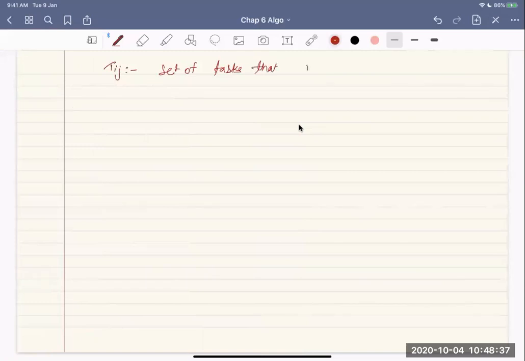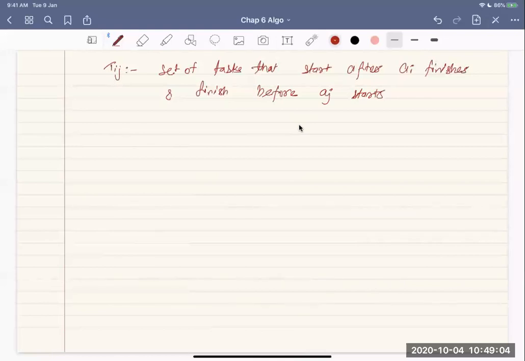that start after ai finishes. So ai is not included. This may be tricky, and you may define it a different way, but let's use this definition. It's the set of tasks that start after ai finishes and finish before aj starts.